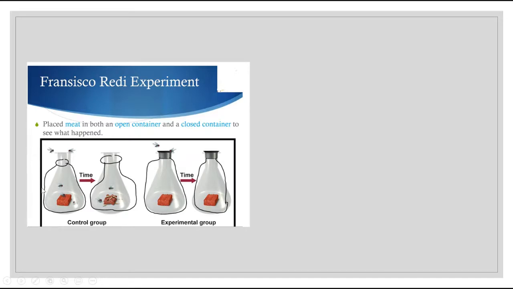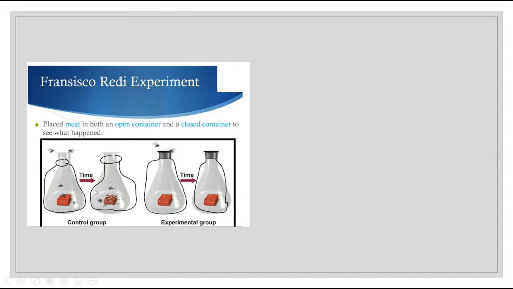What he did was take non-living matter, a piece of meat, in two pieces. One he kept as a control group, left open, and the second, the experimental group, he tightly corked in a container.